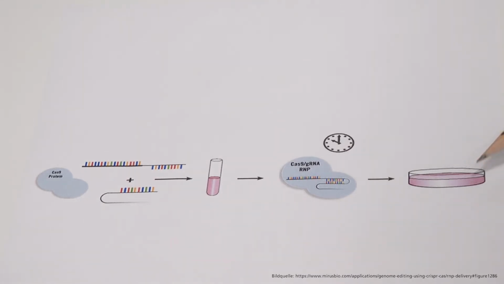Then when these complexes get into the cells, the guide RNA will guide the complex to the genomic position that we chose. And the DNA will be cut with Cas9. And the piece of DNA that we provided as a template will get inserted in the genome of the cell. Cells will then repair the DNA breaks that were made by Cas9, and in a few days we can start screening for CRISPR-Cas9 genome-modified cells.